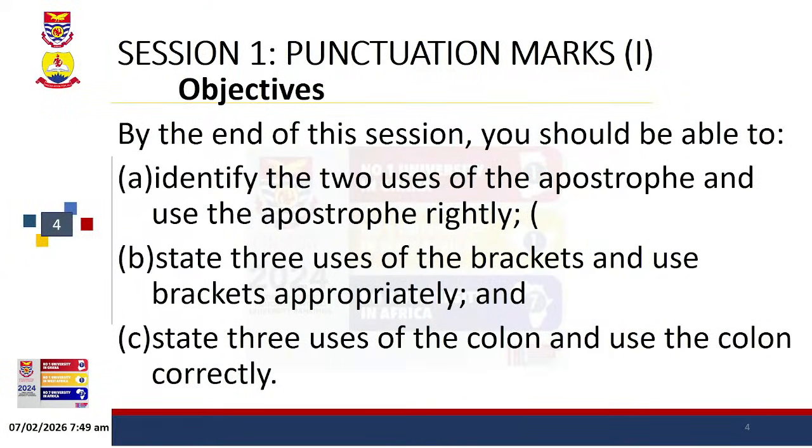Good. So in the first session, by the time it is done, we expect that you will be able to identify the 2 uses of the apostrophe as a punctuation mark and then use the apostrophe appropriately.